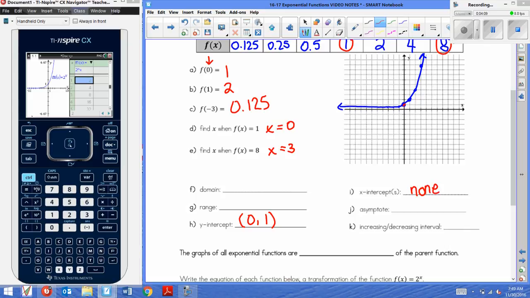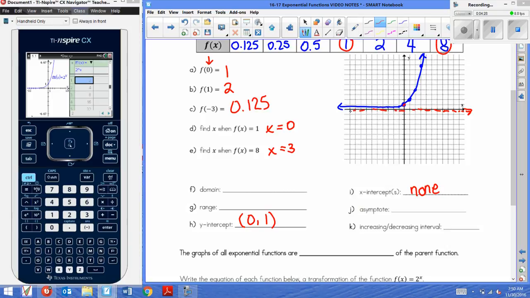An asymptote, something that we haven't really talked about before. It almost sounds like I'm swearing, but I'm not. It's a real word. We consider asymptotes to be something that our function gets really, really, really close to, but never actually touches, which happens to be this x-axis here.